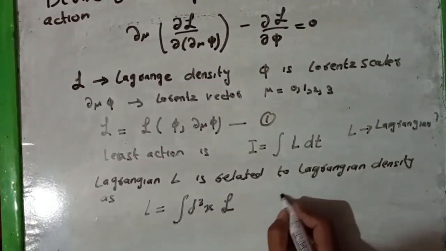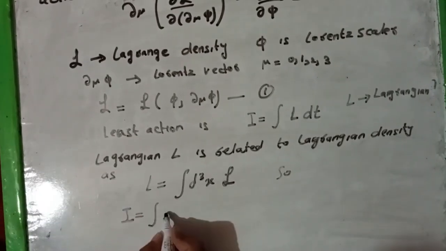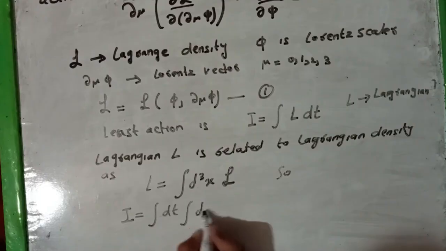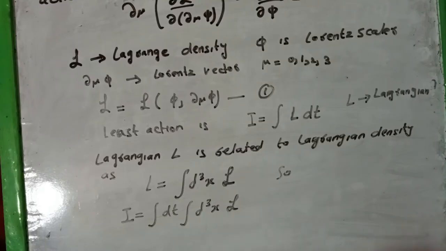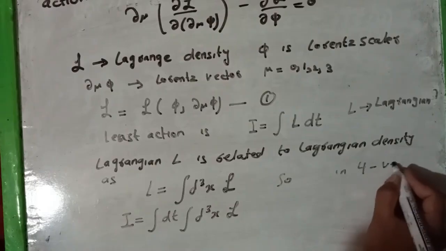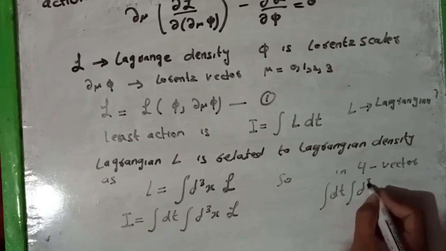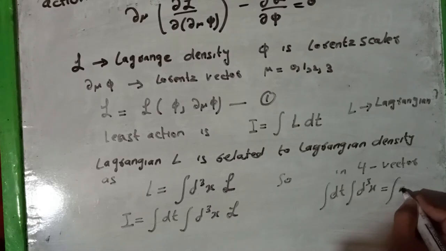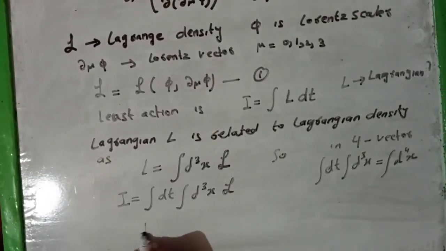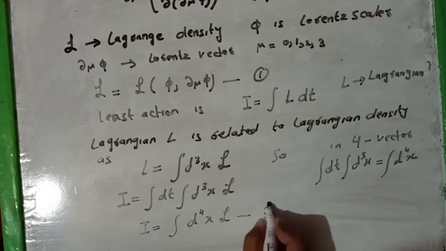So the action becomes I equal to the integral dt integral d³x of the Lagrangian density, and in 4-vector notation, the integral dt integral d³x is equal to the integral d⁴x. So the action is equal to the integral d⁴x of the Lagrangian density. This is equation number 2.